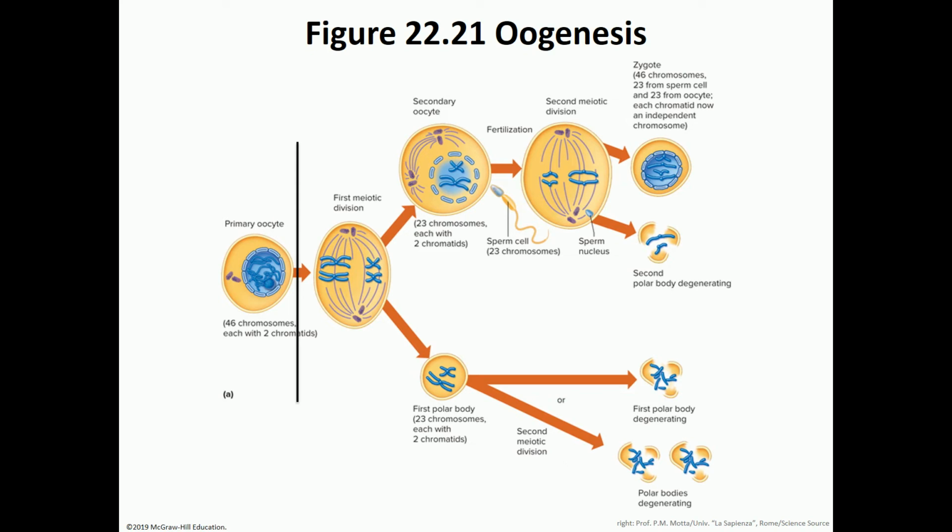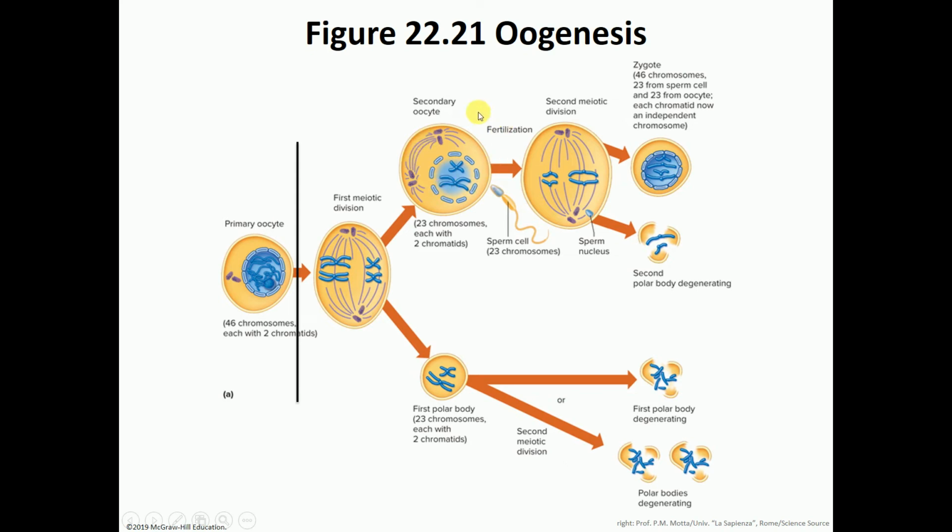Now, in the scenario where puberty hits, that primary oocyte will continue and finish off the first meiotic division to make a secondary oocyte and a very small first polar body. Remember, again, the whole aim of these polar bodies would be to get rid of the genetic material. So most of the cytoplasm and the organelles will remain in this secondary oocyte.